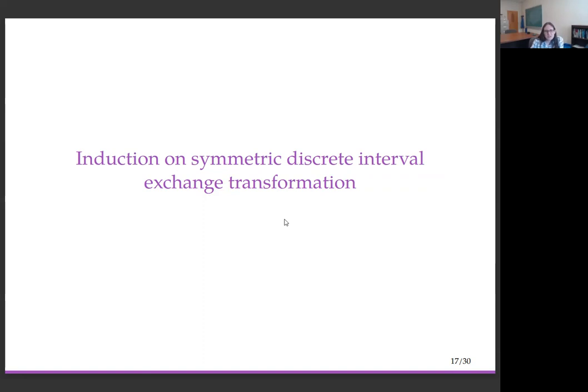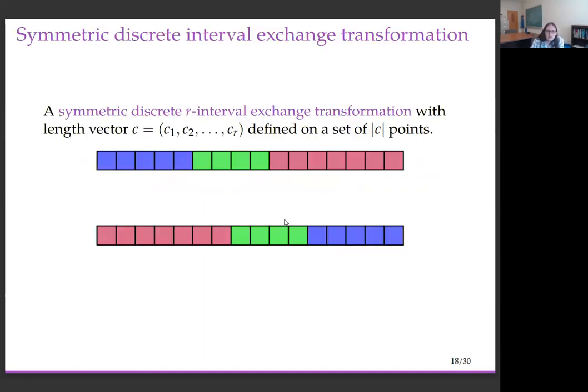So this naturally leads to an induction on them, which I will briefly describe here. Just as a reminder, for a symmetric discrete interval exchange transformation, you get a vector of length R, the number of intervals, and the C_i are the cardinality of each interval, defined as the number of points contained in the interval.